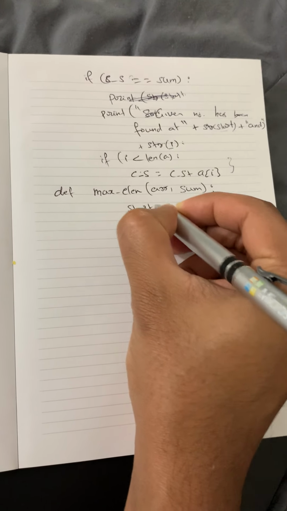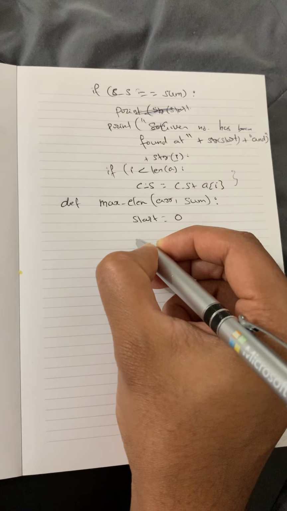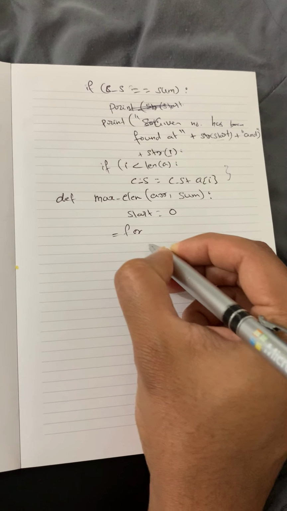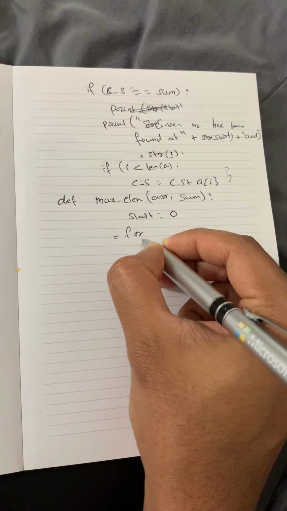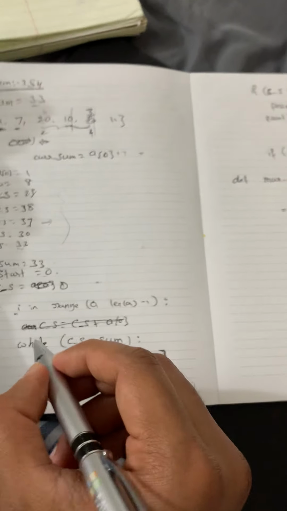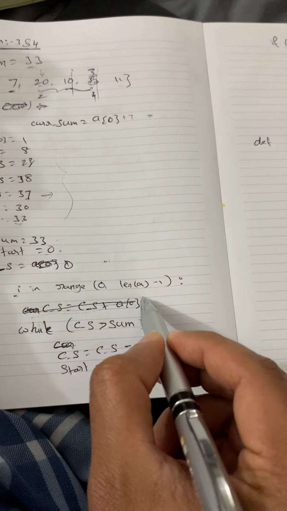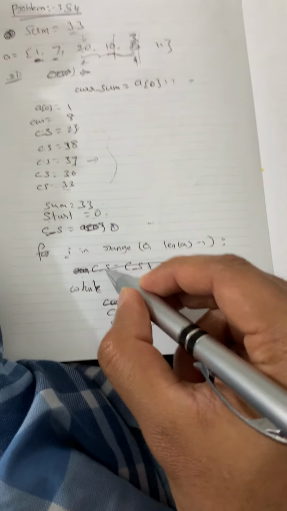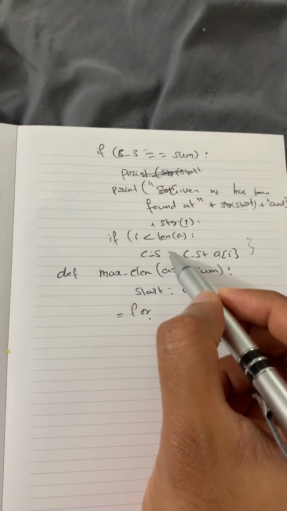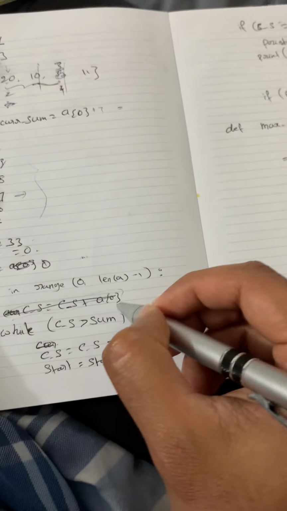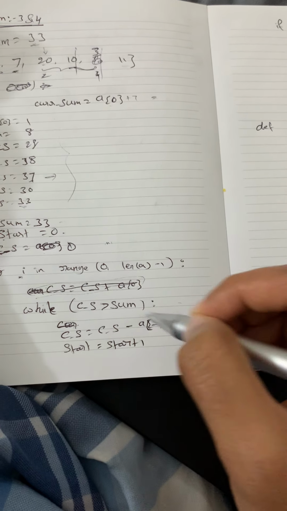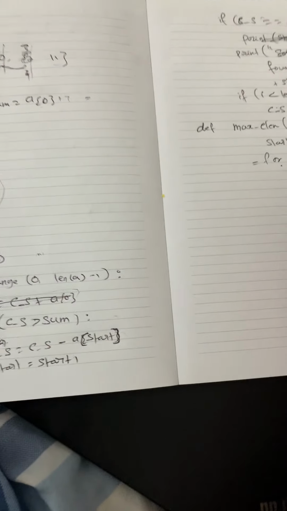So we do start equal to 0, and then a for loop, and we don't write any condition here, because we add this one at the end, because we wanted to check this condition first before adding it to the current sum.